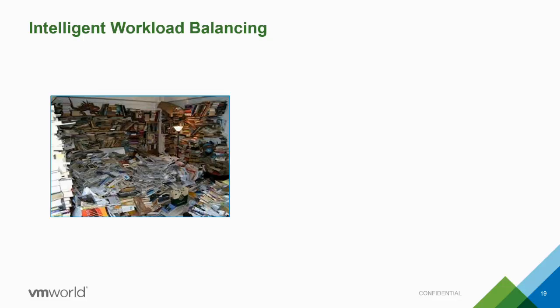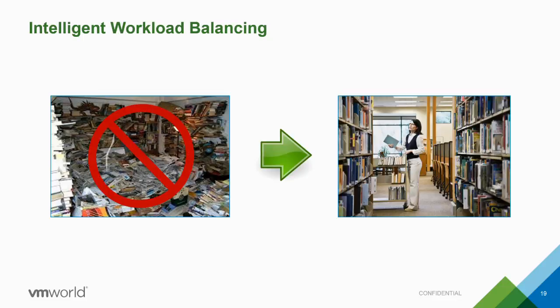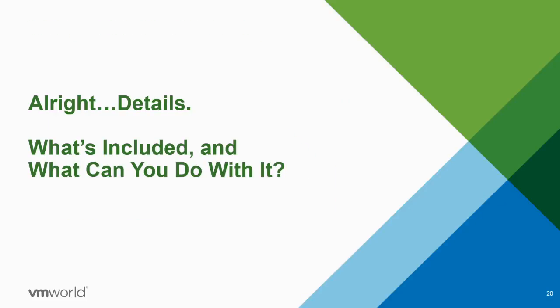You keep adding workloads, you keep adding books, you don't put them in the right places, they keep moving around, and it becomes as messy as this. So what we're giving you is that librarian to put things in the right places, to make your data center as efficient as it could be. That's the idea. So with that, I'm going to get off the stage and get Hisham over here so you can look at what you actually came here for versus listening to the marketing guy.